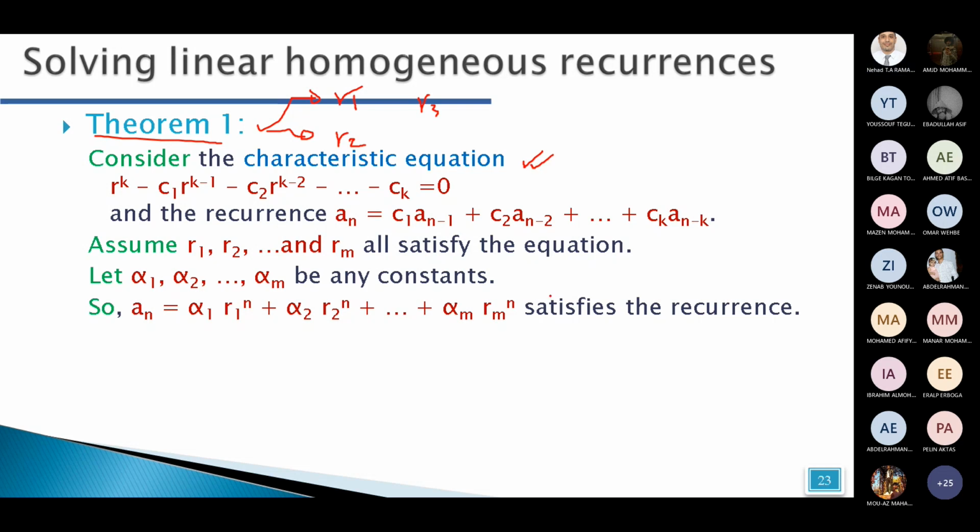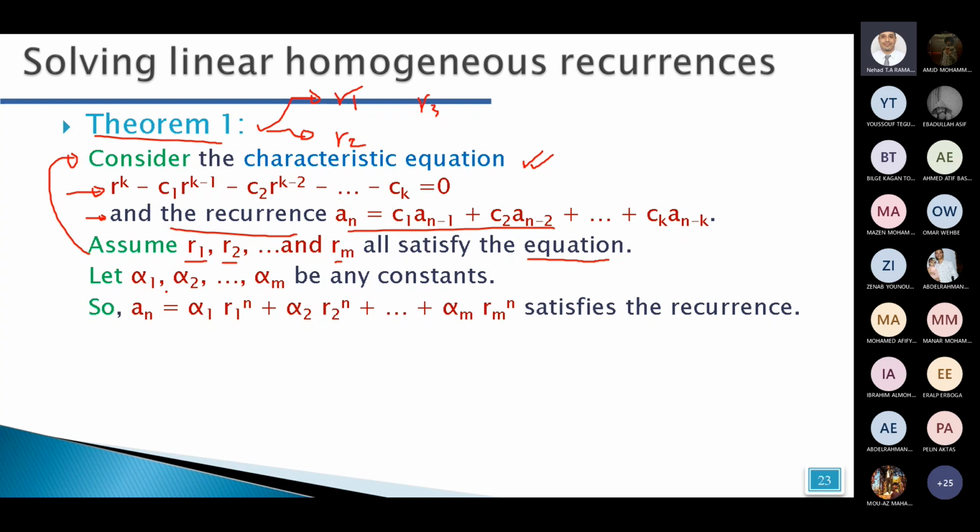Okay, so in this theorem, we said if we have this characteristic equation, and it comes from this recurrence relation, then if we find R1, R2 until Rm, they are all solutions for the characteristic equation.